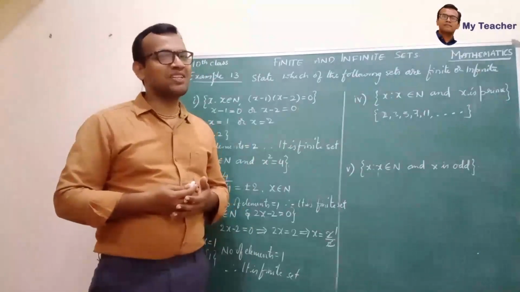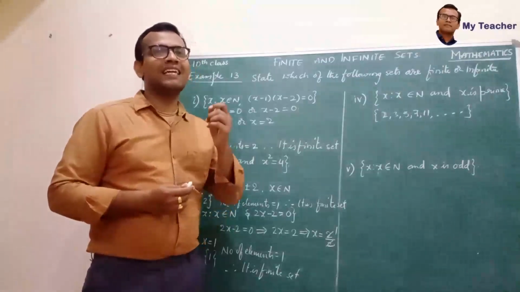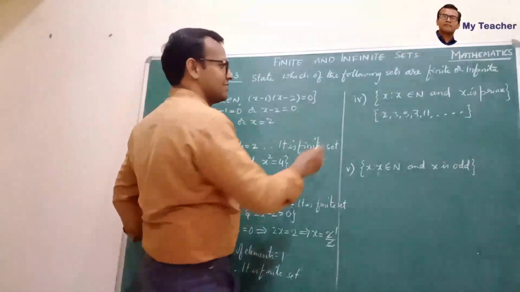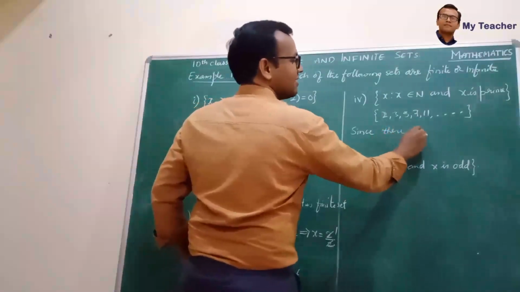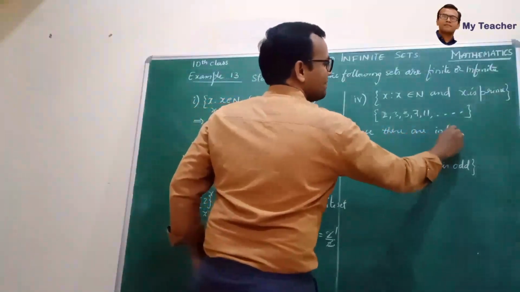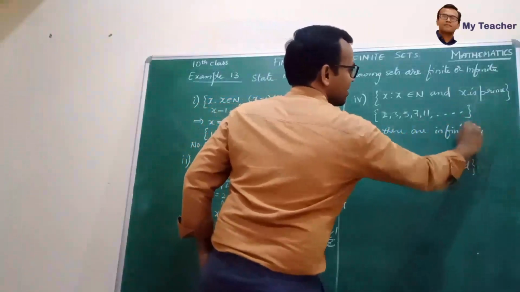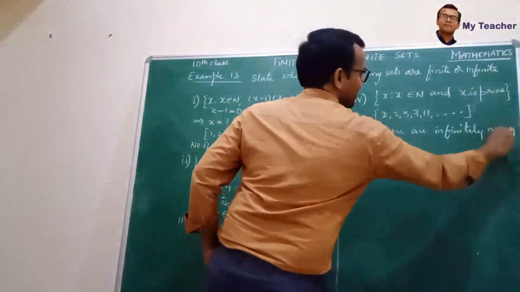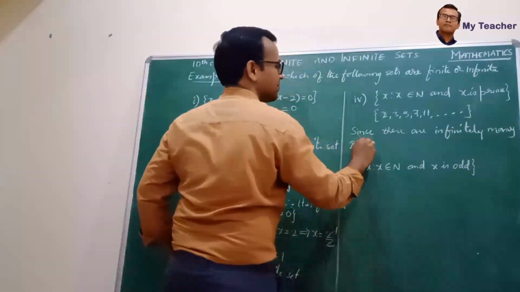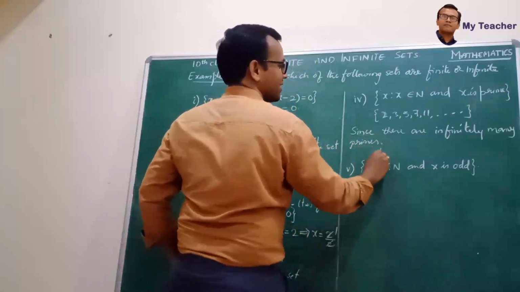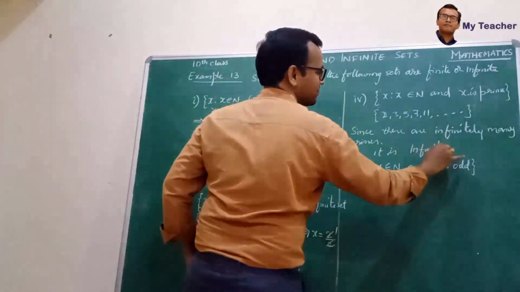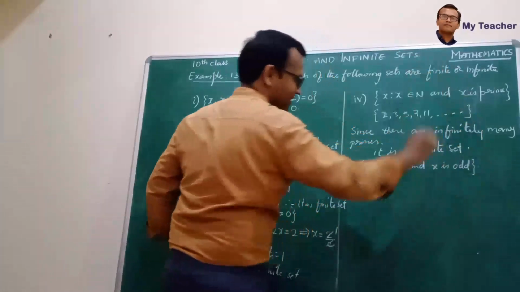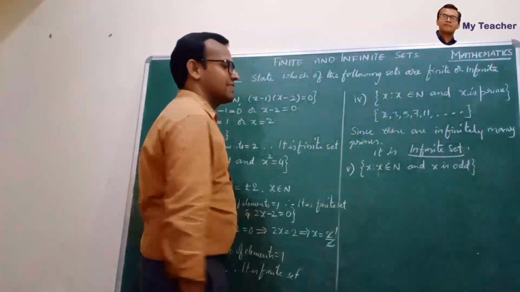Therefore, it is not a finite set, it is an infinite set. Since there are infinitely many primes, it is an infinite set. Yes, so it is an infinite set.